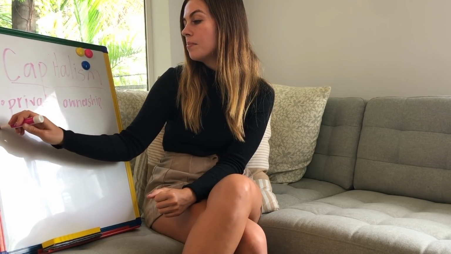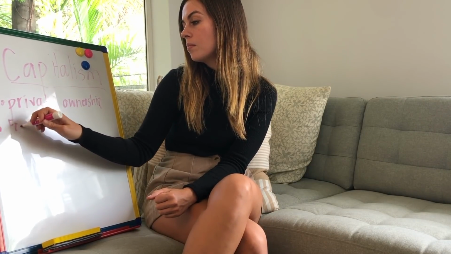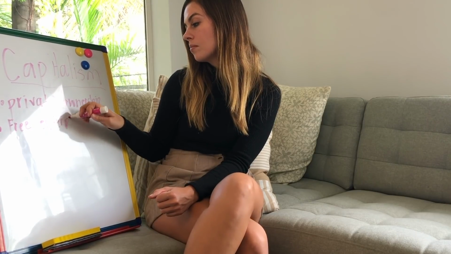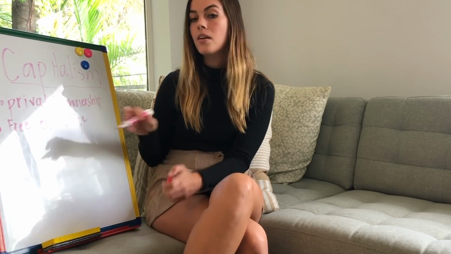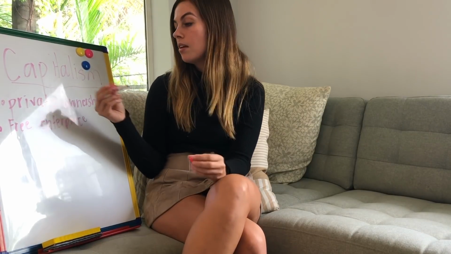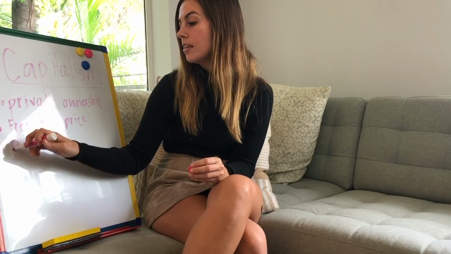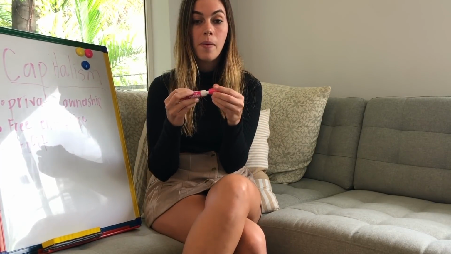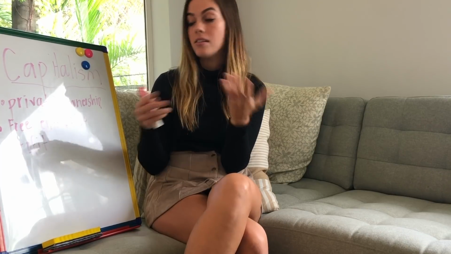So free enterprise is another part of capitalism. So what that means is anyone can enter any business. This one is profit. So bottom line of a business is to make money.